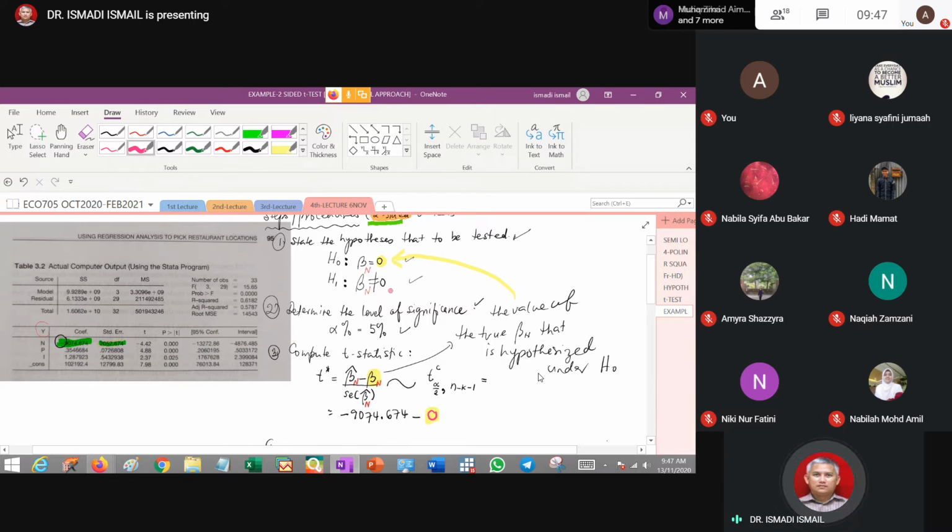We refer to the null hypothesis for beta and the true value here. So divided by its standard error, 2052.674.